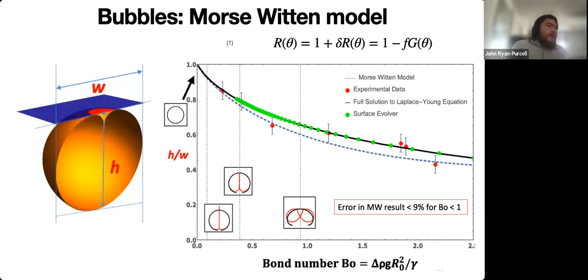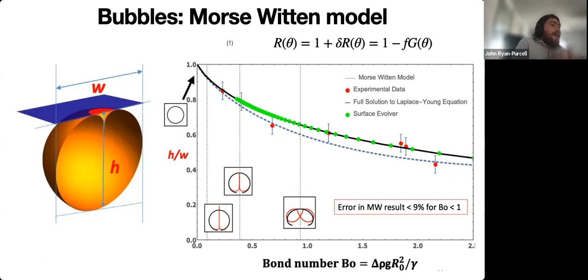So kind of the original problem where this model was used for, where we have a single bubble held under a plate by buoyancy. And if we compare this aspect ratio as a function of bond number, the Morse-Witten model compares very favorably to experimental data, but also to exact solutions of the Laplace-Young equation for this situation, and also to Surface Evolver software used to calculate these bubble shapes.